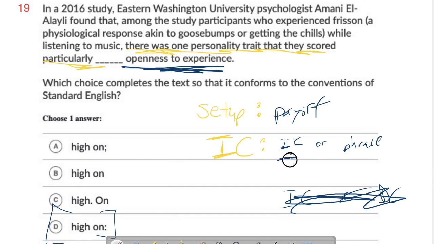Another way I could have put this was independent clause or not, meaning it could be an independent clause, it doesn't have to be. But something can be not an independent clause and also not a dependent clause. It can just be a phrase. And so that's what we'd want here, openness to experience. We can't have a semicolon that's just followed by a phrase. It would need to be followed by an actual independent clause. And so that is that.